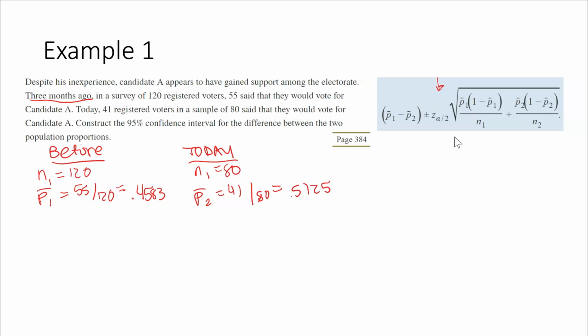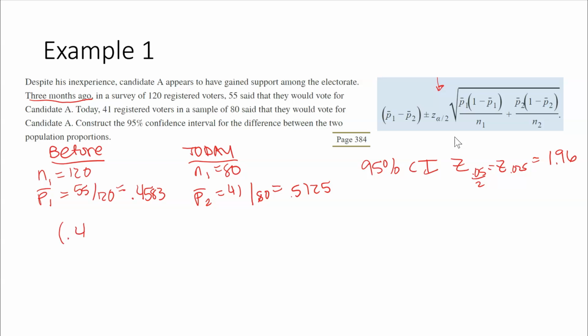Then we know that we're talking about a 95% confidence interval. So maybe you know your z sub alpha over 2, or 0.05 over 2, or your z sub 0.025. That is a 1.96 critical value. So we actually have everything we need to construct this.